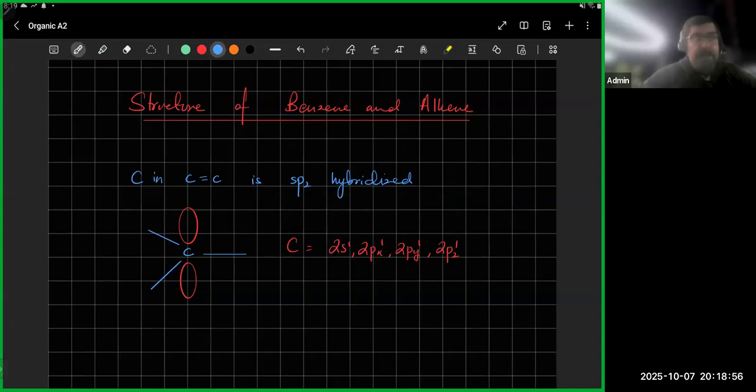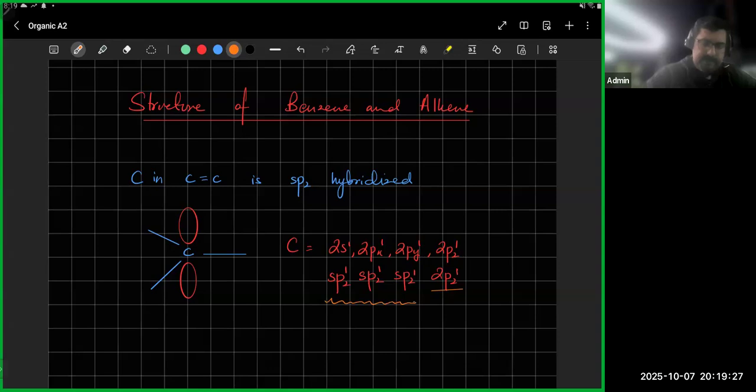So when it's bonding and forming a double bond, what will happen? 3 of them will change into sp2 hybrid orbitals. This one would also be sp2, the third one would also be sp2, and the fourth one would still be 2pz. So one of the p orbitals does not change shape. That remains exactly the same.